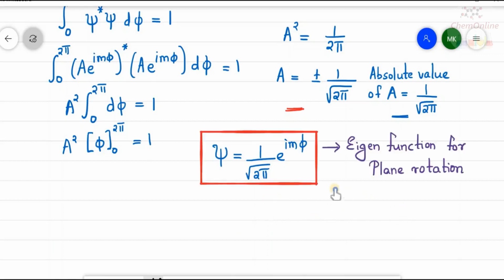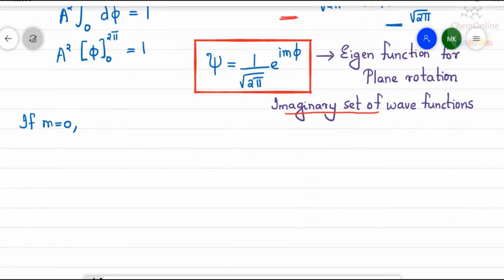And this equation represents the eigenfunction for plane rotation. In this equation, we can see that there is a factor i, which means the wave function has a complex part, 1 by root 2 pi e raised to im phi. So this equation also represents an imaginary set of wave functions for plane rotation.